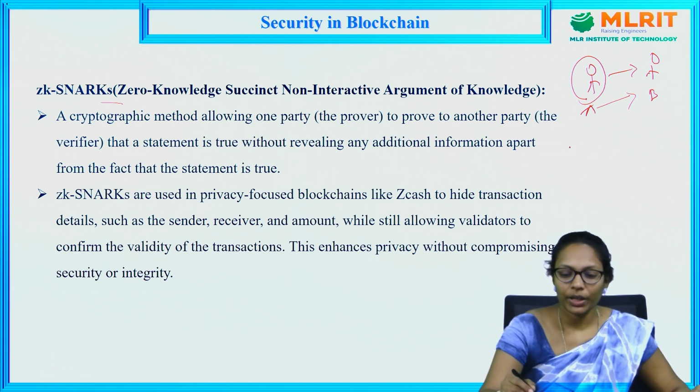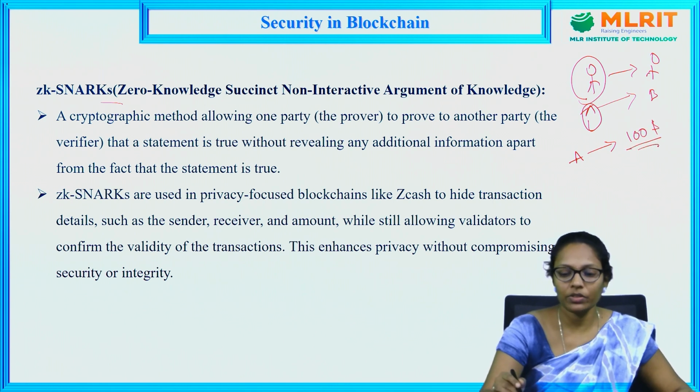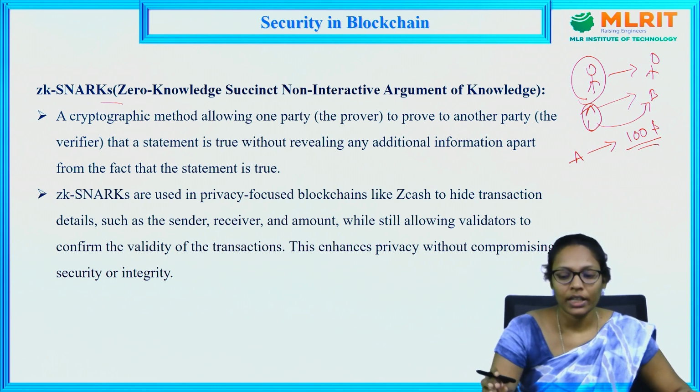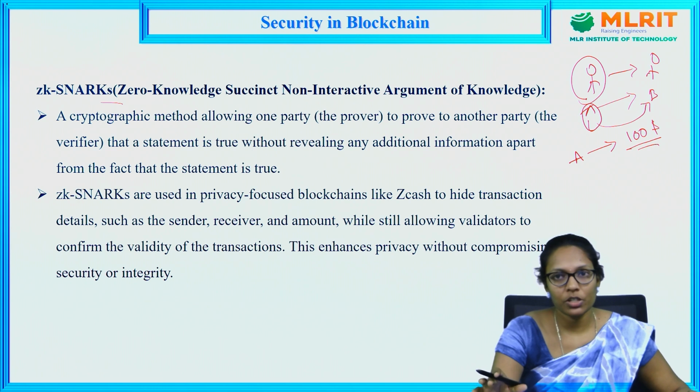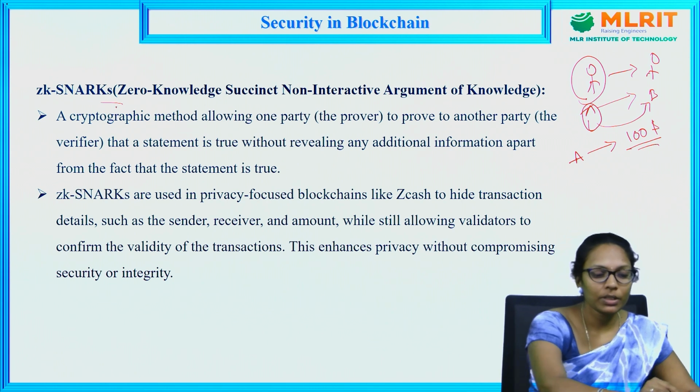For example, person A is telling that A got some 100 bitcoins. He is conveying this information to B, but he is not revealing how he got those 100 coins. What is the process by which he got that? That internal information he is not revealing. He needs to convey only the information to B, but without revealing any internal, secret information. Right? So that is nothing but zero knowledge.